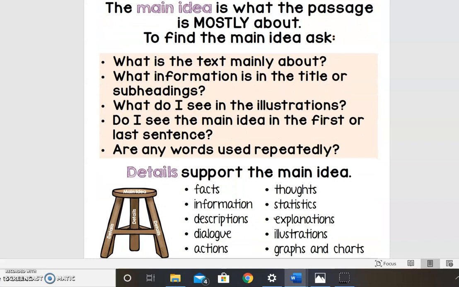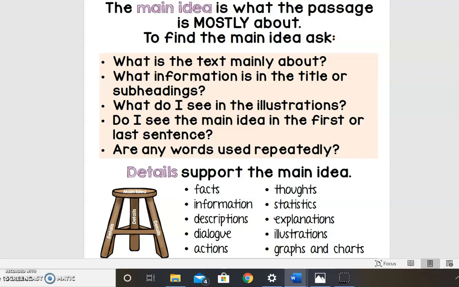All right. So we're also going to work on identifying the details or facts that support that central idea. As we continue with nonfiction, you're going to see that those supporting details come in many forms. So it's important that you read the whole selection very carefully and pay close attention to the text features throughout the selection as well.